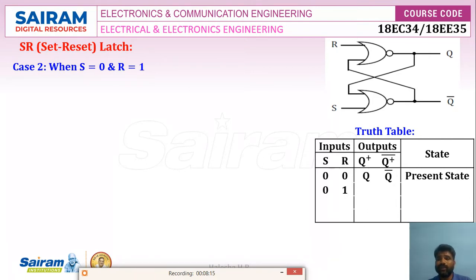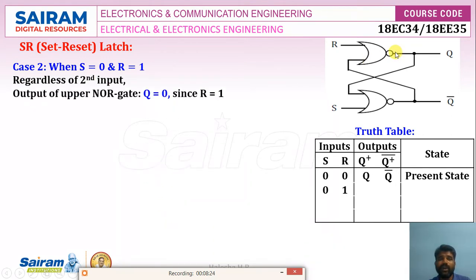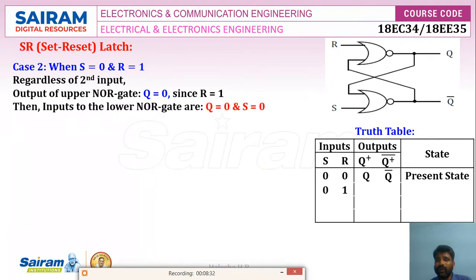Since R is equal to 1 is connected to the upper NOR gate, whatever the other input may be, the output is 0. So the output of the upper NOR gate, Q, is equal to 0. Then the inputs to the lower NOR gate become Q is equal to 0, S is equal to 0, and its output is 1. Q bar is equal to 1.